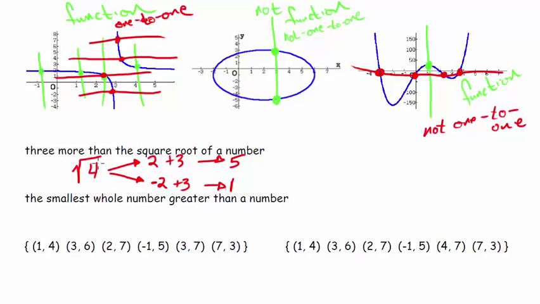So for a given input of 4, I ended up with 2 different outputs. Now if this said principal square root, then we would be okay. But because it does not say principal square root, we got 2 different outputs for a given input, so this is not a function. And then if I'm not a function, I cannot be 1-to-1.